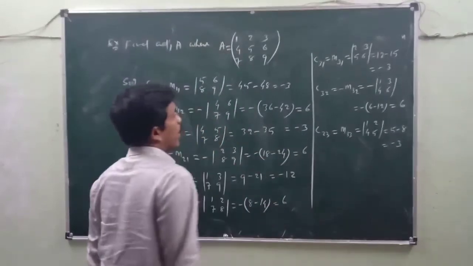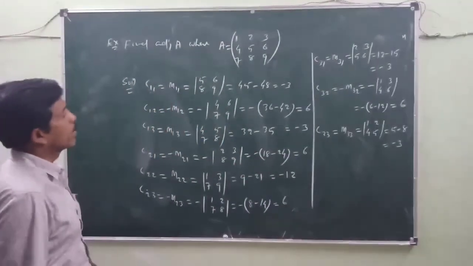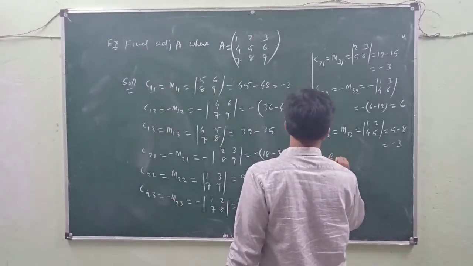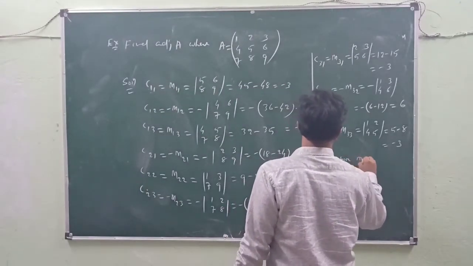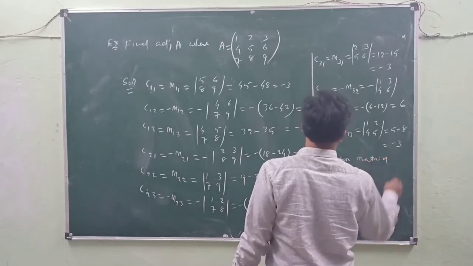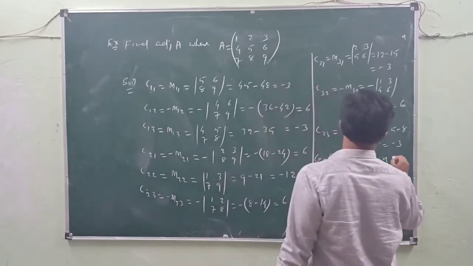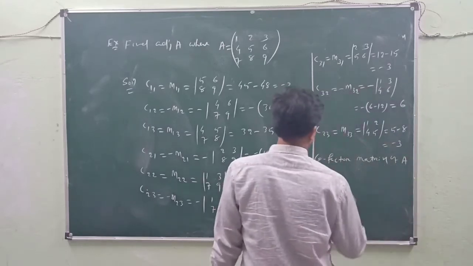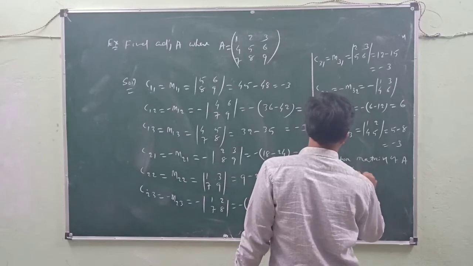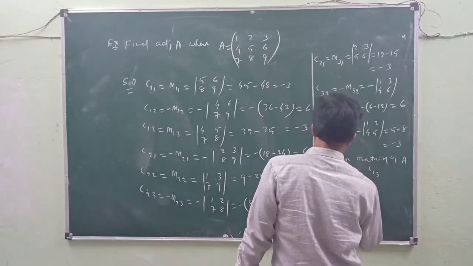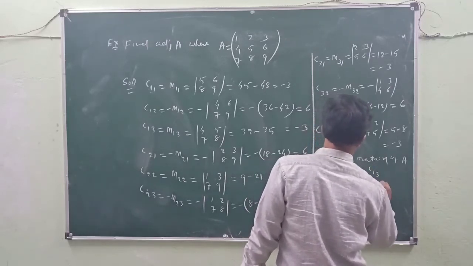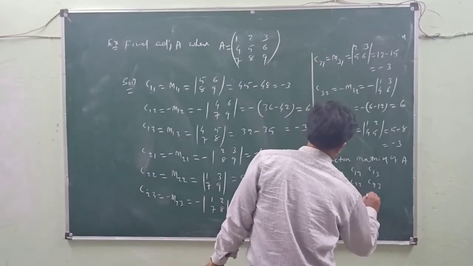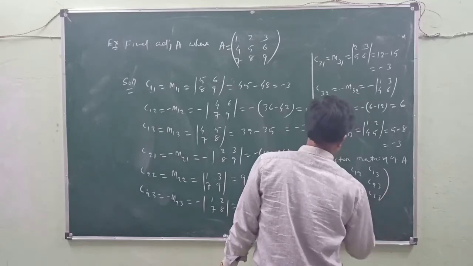After finding all the cofactors, you find the cofactor matrix of A. That is equal to C11, C12, C13, C21, C22, C23, then C31, C32, C33.